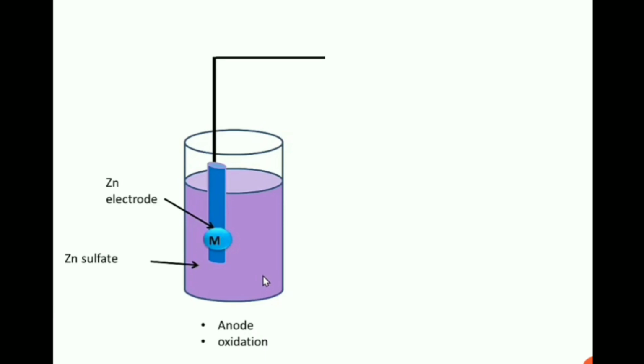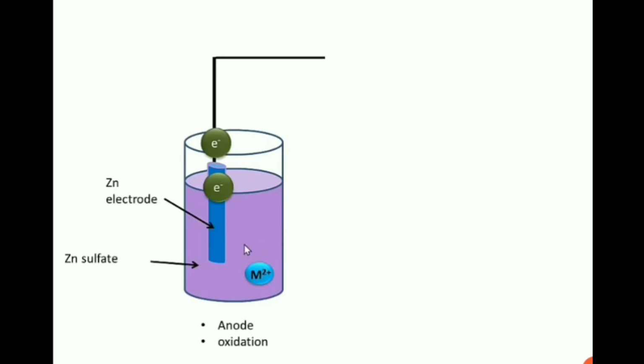When a metal is dipped in its own solution, then the metal has a tendency to undergo oxidation and go into the solution as its own ions. At that time, electrons are produced.